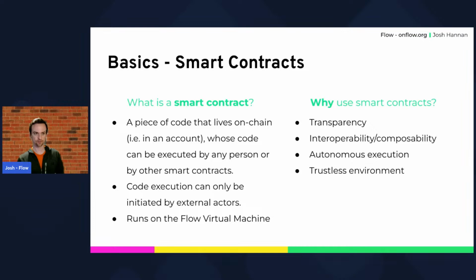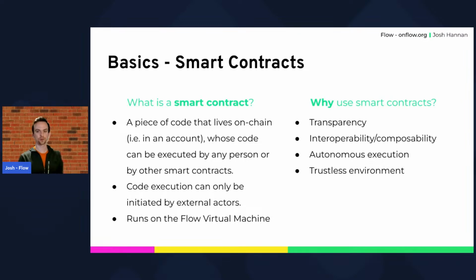And the reason why people would want to use smart contracts is primarily for transparency. It's this public blockchain that everyone can see all the code on. You want everyone to be able to verify that the code is running as intended, and you don't want it to be proprietary. Additionally, since it's on this public network, you want your code to be interoperable with anyone else's code.